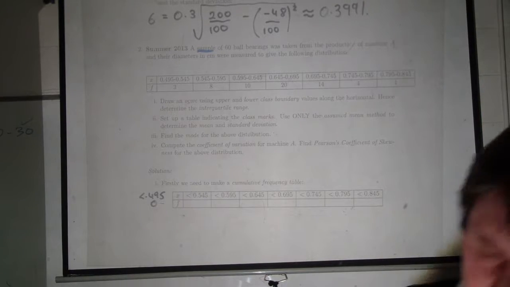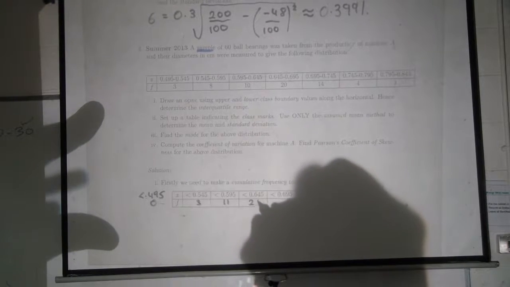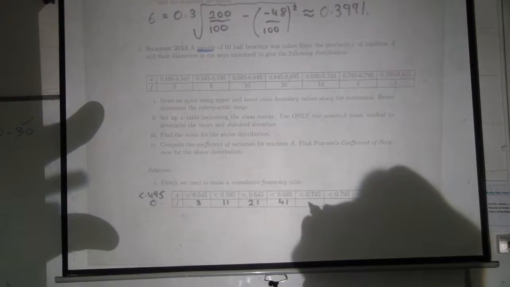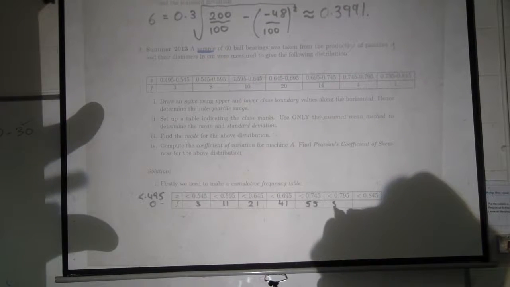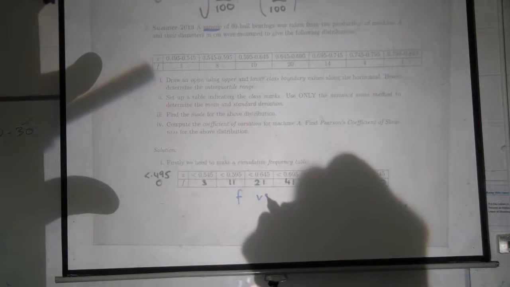How much of the data is less than 0.545? 3. Off you go: 11, 21, 41, 55, 59, 60.